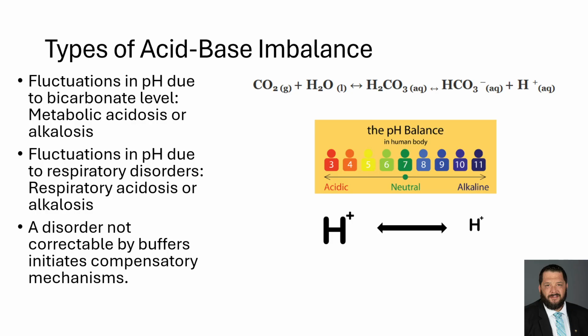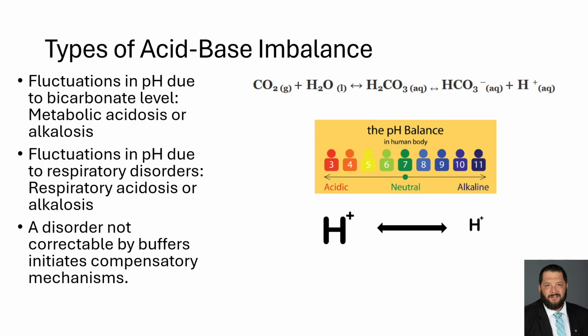Fluctuation in pH can also be due to the bicarbonate level within the body. I'm going to introduce another concept here. This chemical equation that you see on the top right-hand side of your screen is what's known as the bicarbonate buffer system.